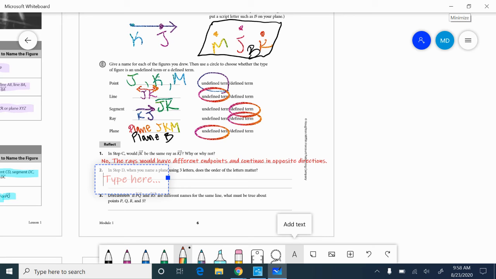In number 2, we're going to type no, using 3 letters.